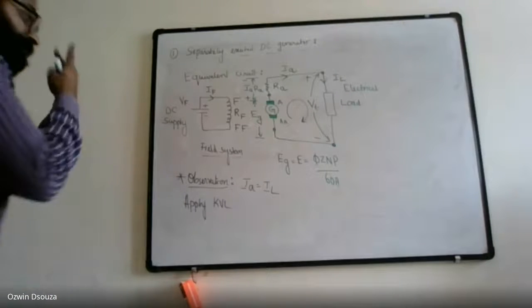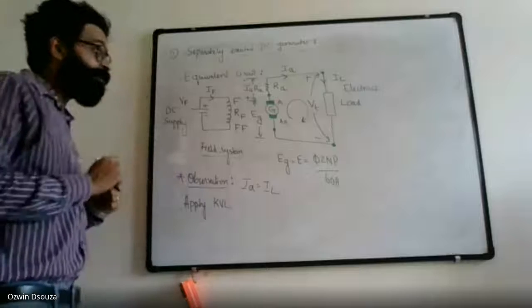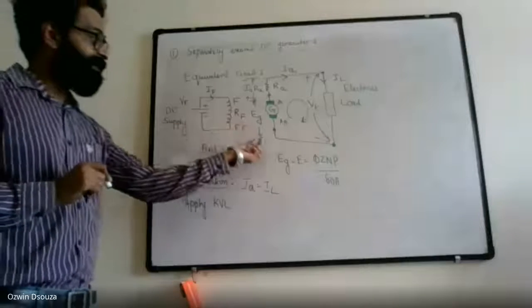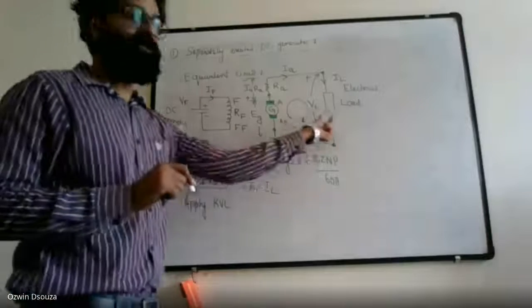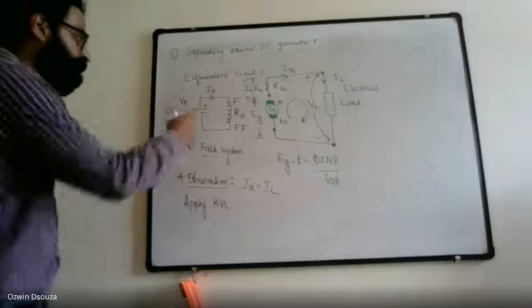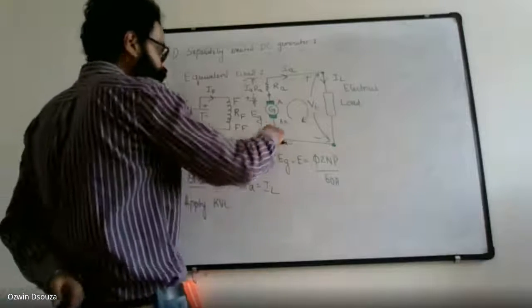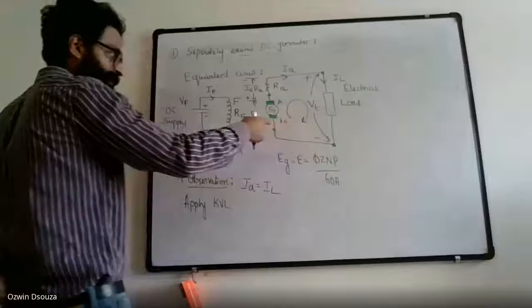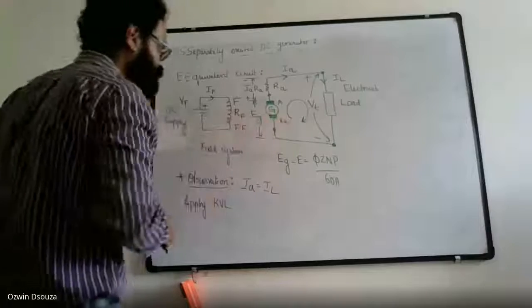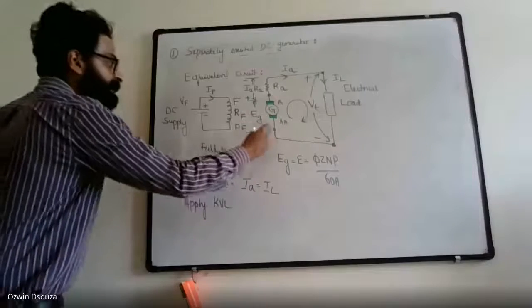When you apply KVL, you will be able to relate the generated EMF EG with the terminal voltage VT. So let's apply KVL in the clockwise direction. What do you get?